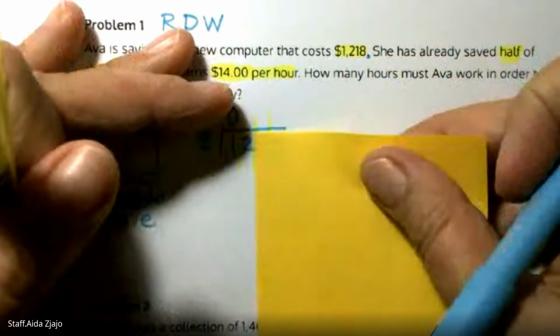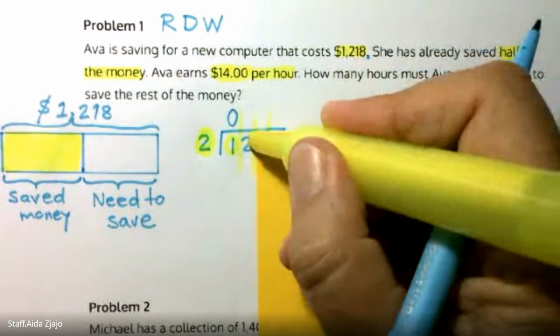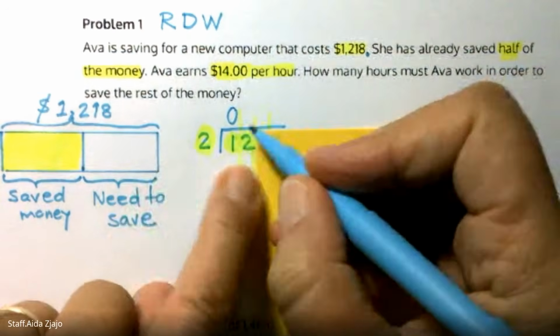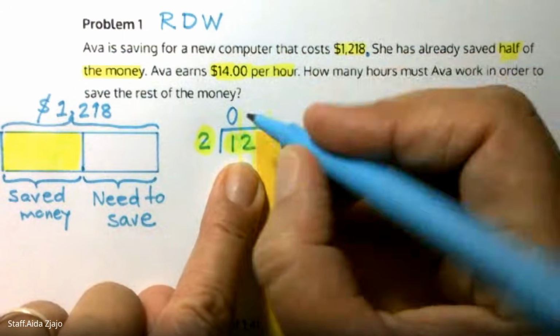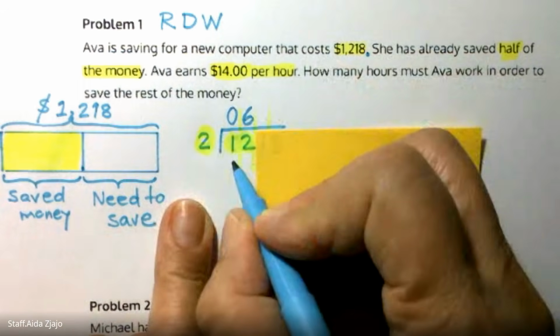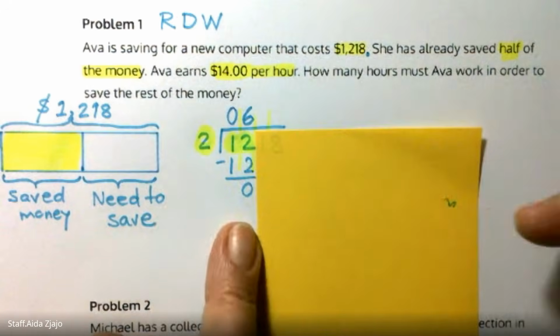If I have 12 hundreds, then I can make groups of hundreds. So I'm going to share equally. 2 times what makes 12? 6. 2 times 6 is 12. When you subtract, you have no remainder.